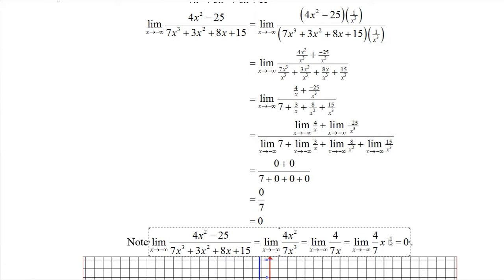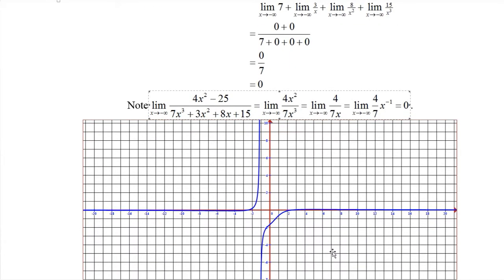Notice this is a power function with a negative exponent, or in other words, an x in the denominator, and we see that as we let x get bigger and bigger, that goes to 0. In fact, not only does this thing go to 0, we can say it behaves very similarly to 4 over 7x on the far right and left.